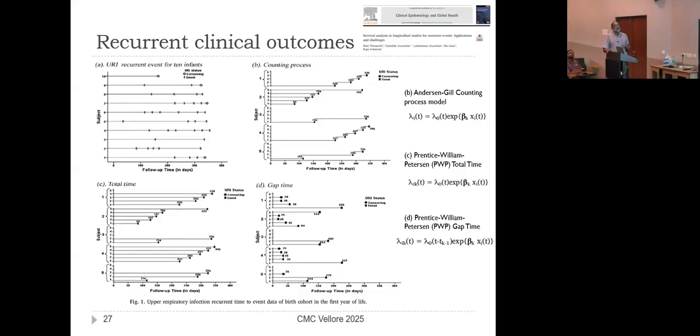In the counting process model, here we only have the top 5 children, children 1 through 5, because it gets too busy otherwise. And here's 5 also, and the same 5 here. So the first child had 1, 2, 3, 4.